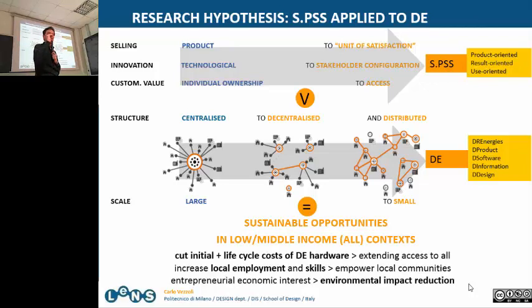we can, and please remember, this is another key fundamental thing, cut the initial investment cost of any hardware that is going to be purchased. This is not only happening for distributed economy, but if I have to buy a solar panel, I don't buy it, so I can afford it because I'm paying per use and so on.